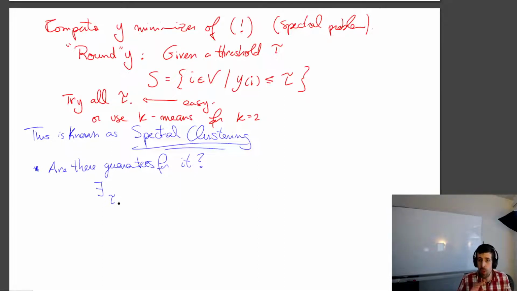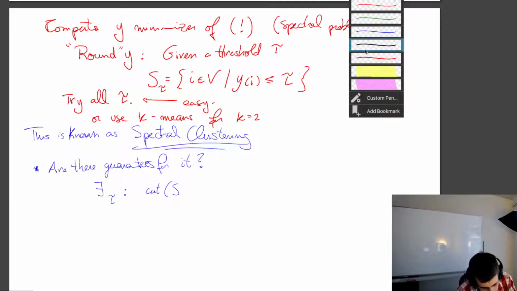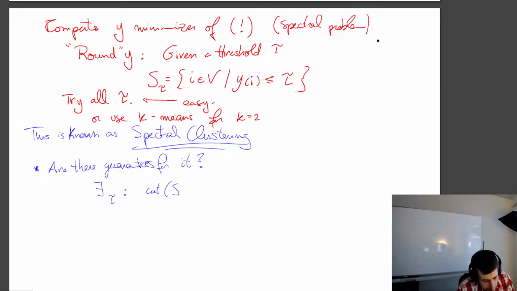And remember, you can try all of them, so it's a guarantee for these kinds of things, such that the cut you get, such that the cut of S tau, now instead of doing the times 1 over the volume and 1 over the volume of the complement, I'm just going to divide by the minimum.